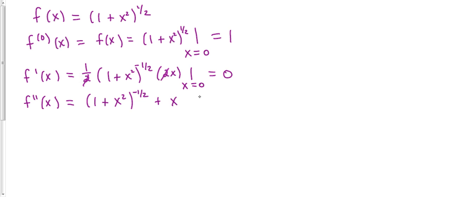And then I'm going to take the second term and multiply it by the derivative of the first. So I'm going to bring that exponent down and get negative 1/2. I'm going to have 1 plus x squared, now to the negative 3/2, but I still have to take the derivative of what's inside, which is going to give me 2x.